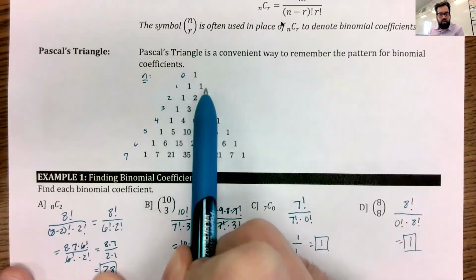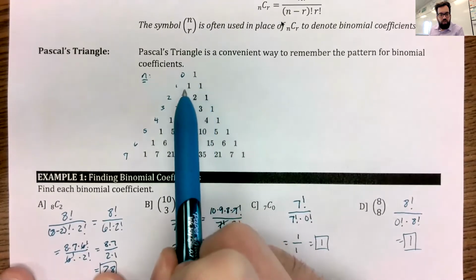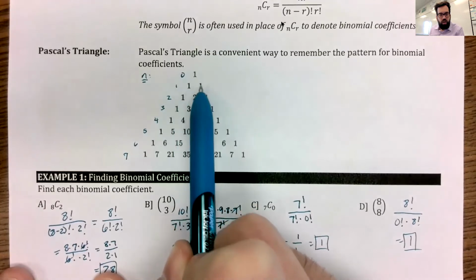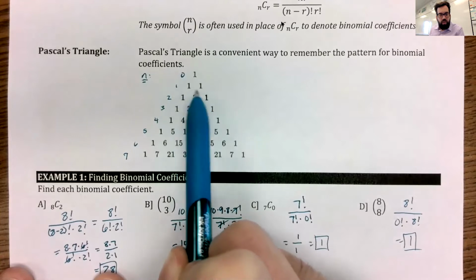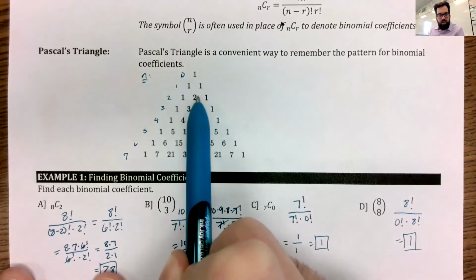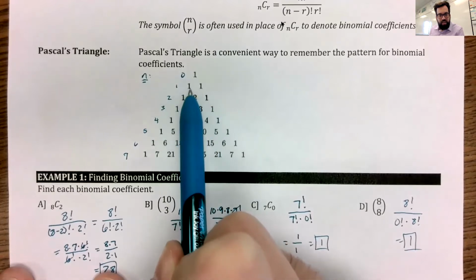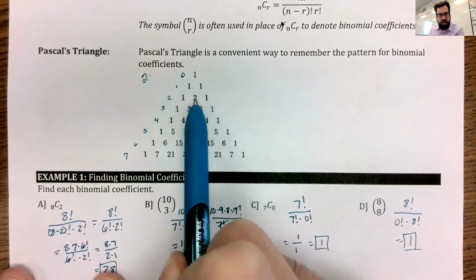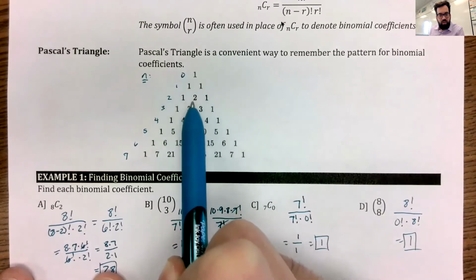And every time that we start a new row of the triangle, there's 1s on either end. So below 1, we're just going to put a 1 and a 1. Below that part, there's going to be 3 terms now. The ends are always 1s. And in the middle, we add together the 2 numbers that appear kind of triangularly above that number. So 1 plus 1 is 2. So this number becomes a 2.